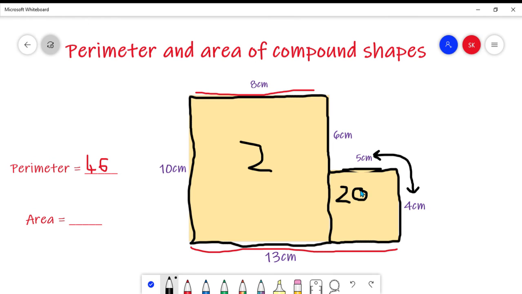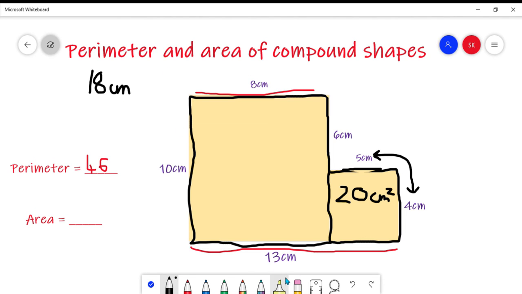Now we have to work out the area of shape 2 and add them together. Shape 2. Again, we have 10 by 8, 10 times 8. Times them together will give us 18 centimeters, to add them together, sorry.